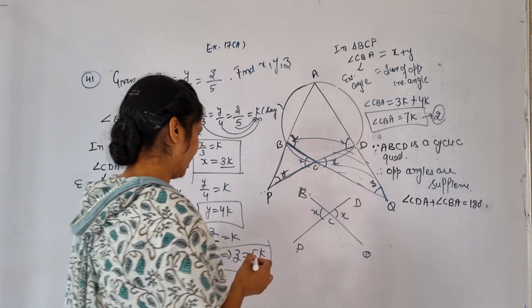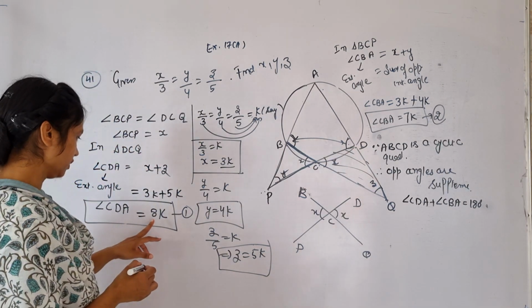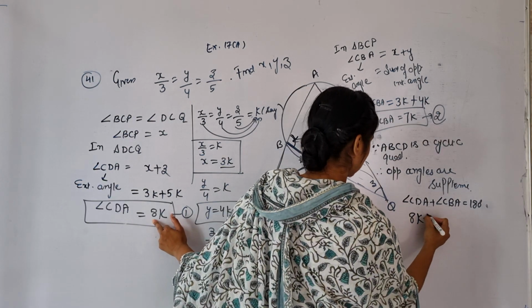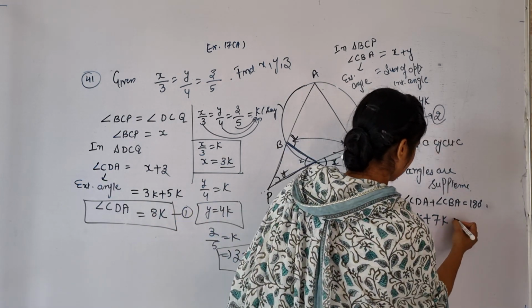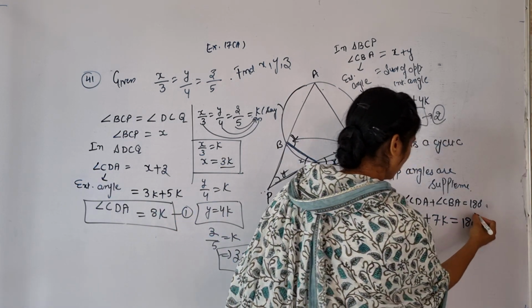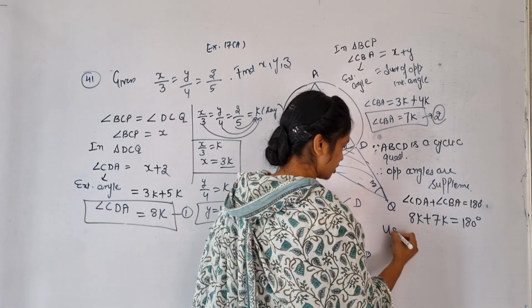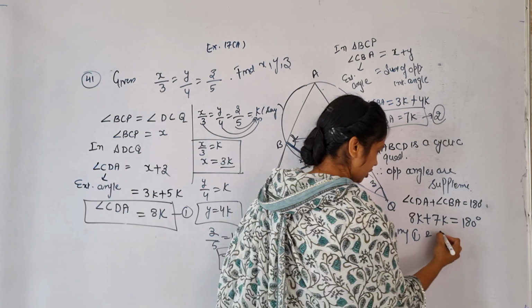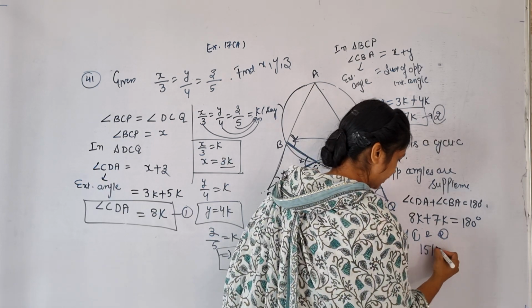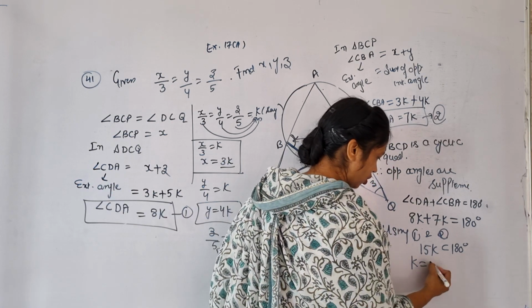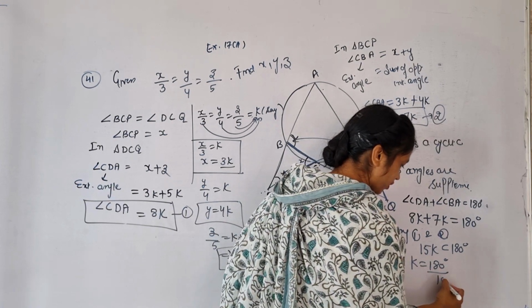Okay, their values we have calculated. 8K plus 7K is equal to 180 degree. Okay, using these equations 1 and 2, you will have 15K is equal to 180 degree, means K is equal to 180 degree by 15.